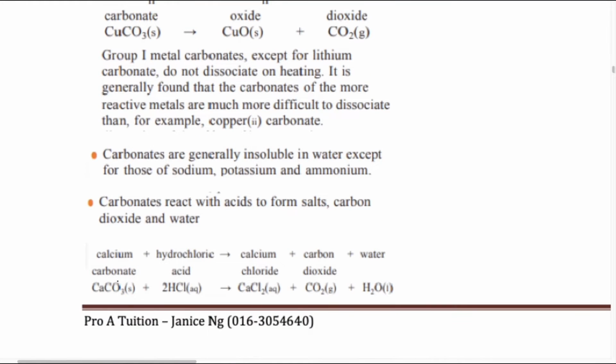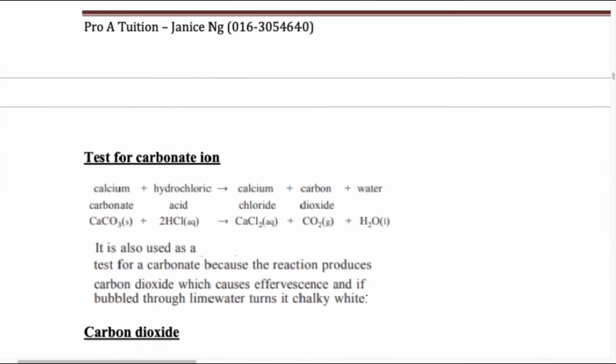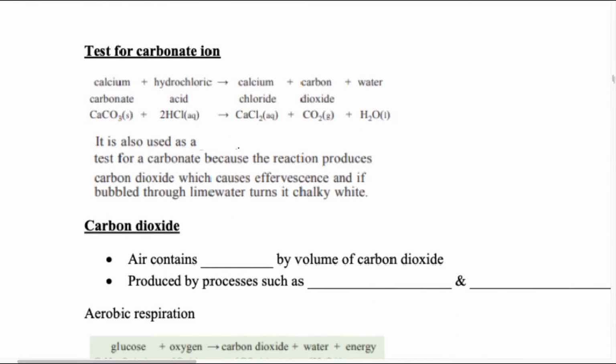Okay, so calcium carbonate can react with acid because it is a carbonate. So carbonate can react with acid, then they form a salt, which is calcium chloride, plus carbon dioxide, plus water. Then let's see, test for carbonate ions.